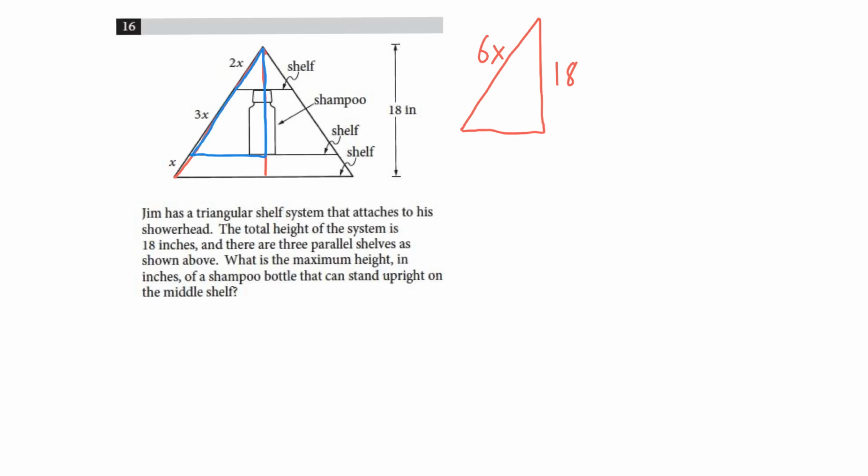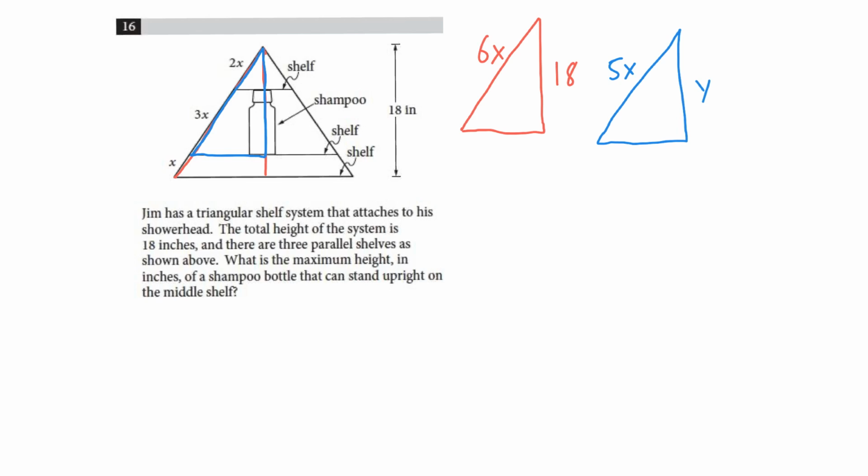That triangle is going to be 5x on the hypotenuse, and I'm just going to use y for the unknown. So let's figure out what that y length is.